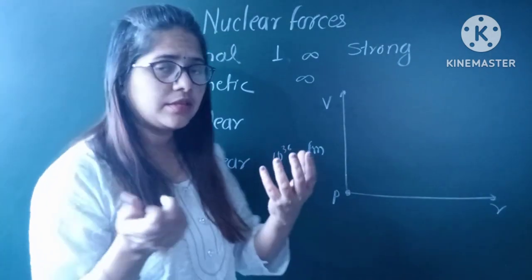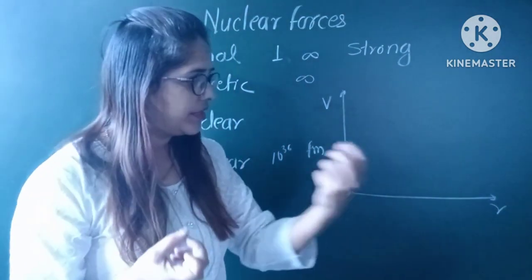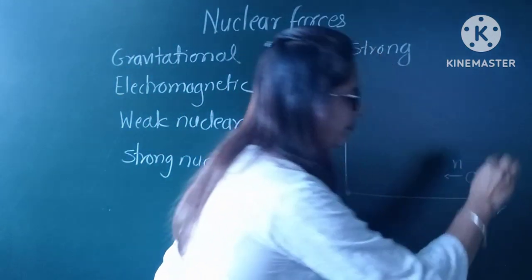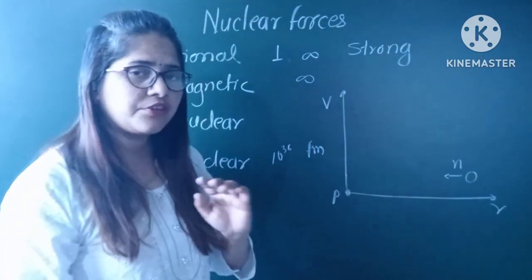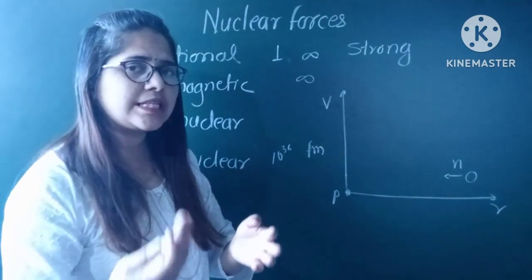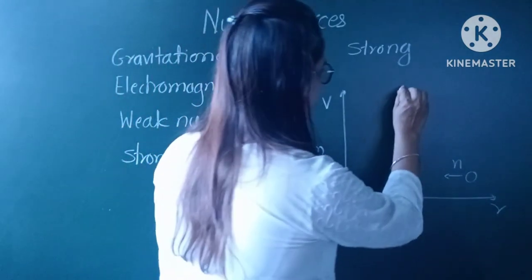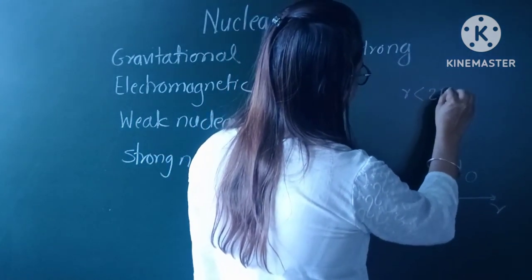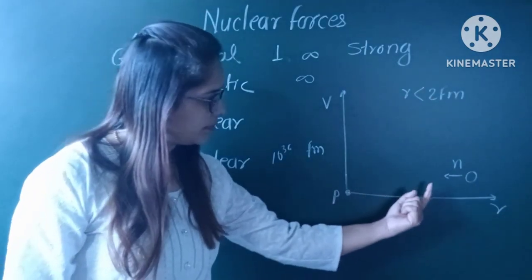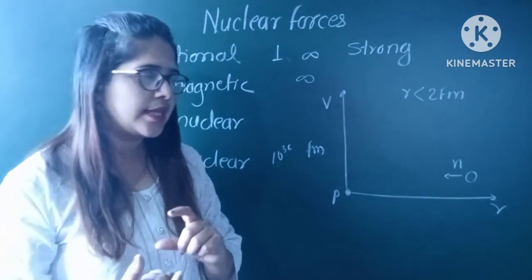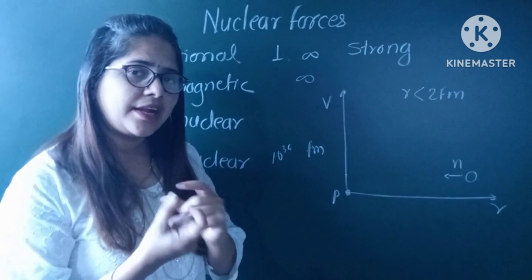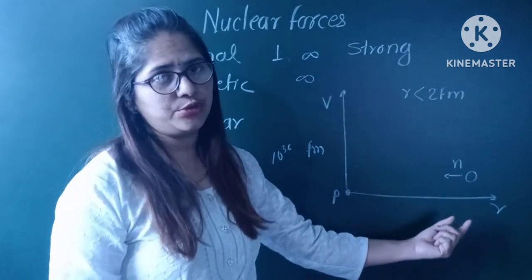There will be a force of attraction between the proton and neutron, and they will start interacting only if the distance between them is less than 2 femtometer, 2 to 2.1 femtometer. If the distance is less than 2 femtometer, then only there will be an attractive force between the proton and the neutron.